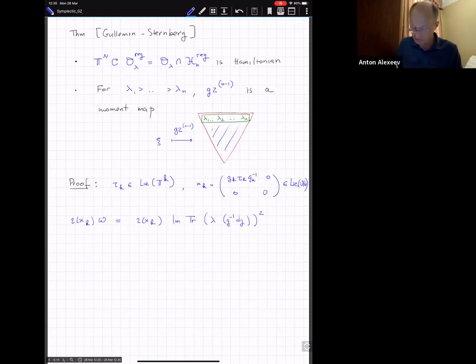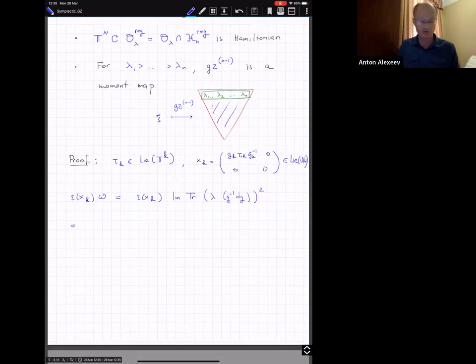Okay, so well, we now go for a relatively lengthy calculation. So it's imaginary part of trace, and as usual, I will probably mix up the signs. We'll see. So here λ, and here will be minus g⁻¹ xK g⁻¹ dg plus g⁻¹ dg g⁻¹ xK g.